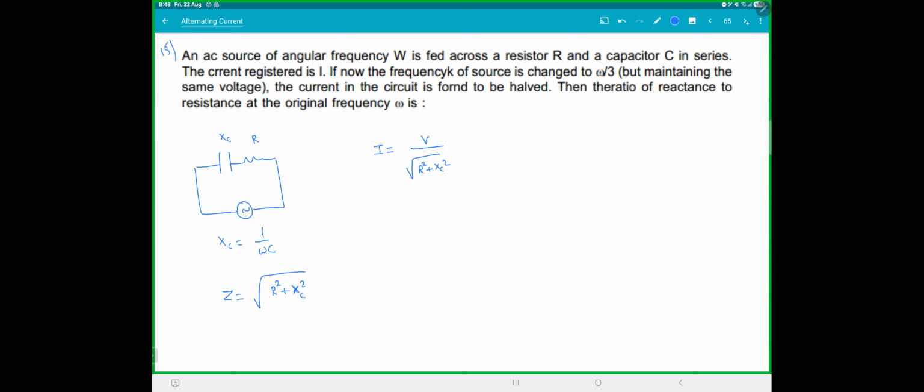Now you're saying you're going to change the frequency to omega by 3. So if omega becomes omega by 3, this X becomes 3X. That means your new impedance will become root over R square plus 9X square. And he's saying the current now becomes half. And then just substitute V ka value here.